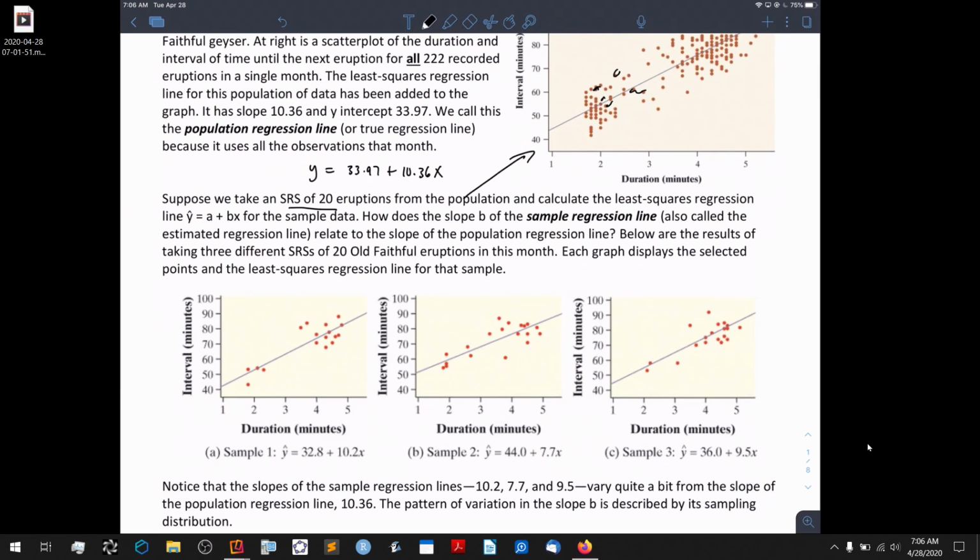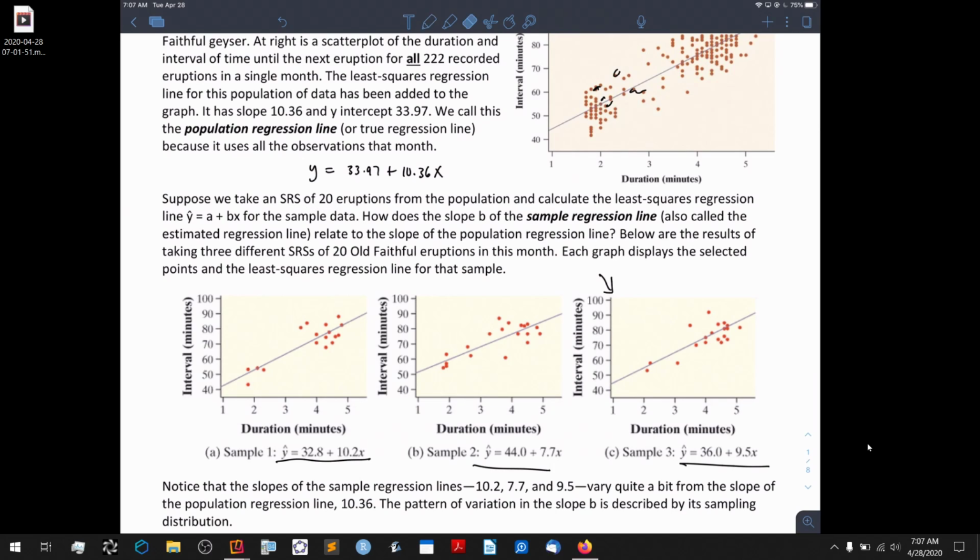And what they did here is they did it 3 times. Here's my first sample of size 20, here's my second sample of size 20, here's my third sample of size 20. And you can see the regression line is y hat, because it's predicted y, because these are regression equations based on sample data.